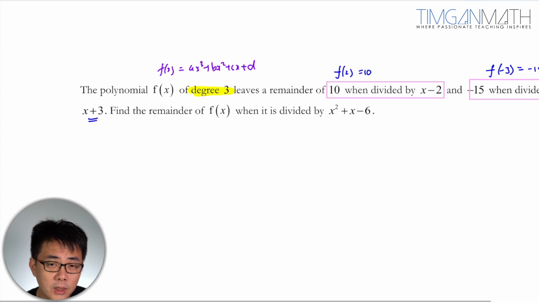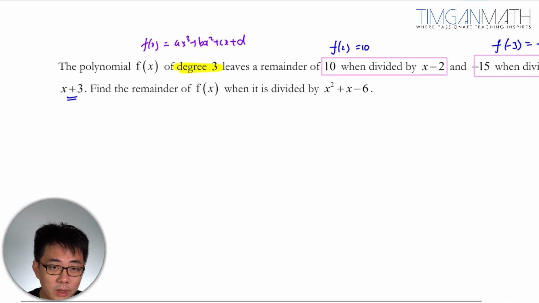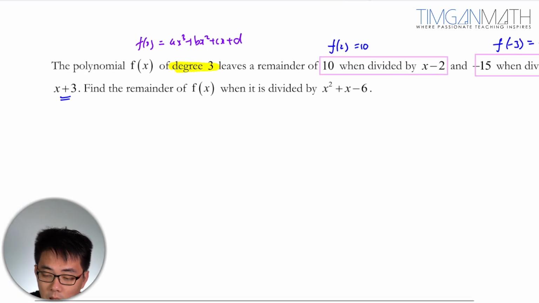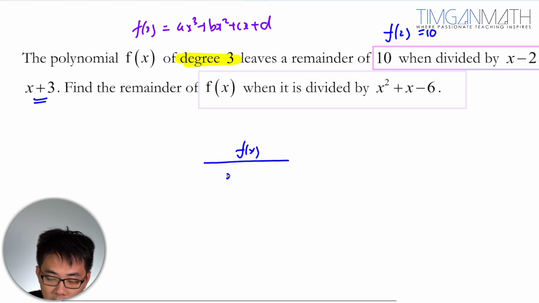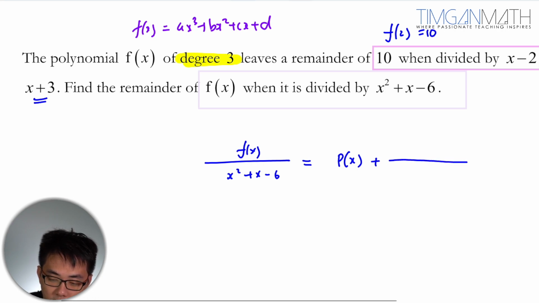Now the next question they ask is what would the remainder be when it's divided by x squared plus x minus 6. In other words, if f(x) is of degree 3 and I divide it by x squared plus x minus 6, because this is a polynomial, you leave a quotient here regardless.